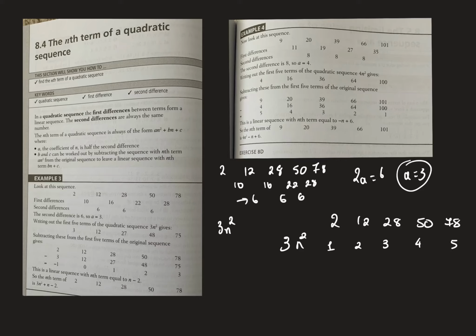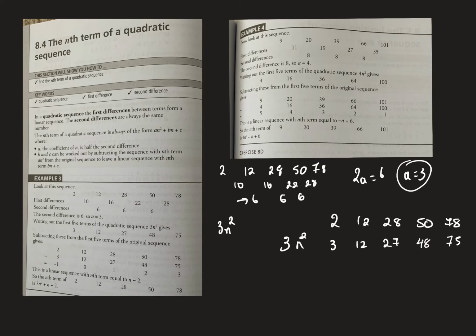So therefore, what we're going to have are the following numbers. 3 times 1 squared is 3. 3 times 2 squared is 12. 3 times 3 squared is 27. 3 times 4 squared, 48. And 3 times 5 squared, which is 75.